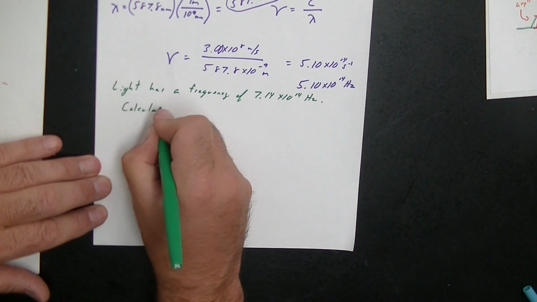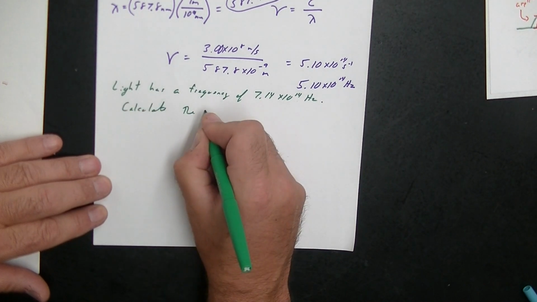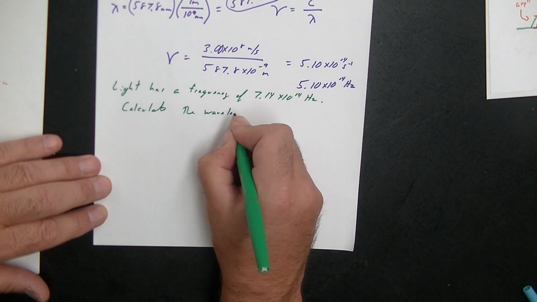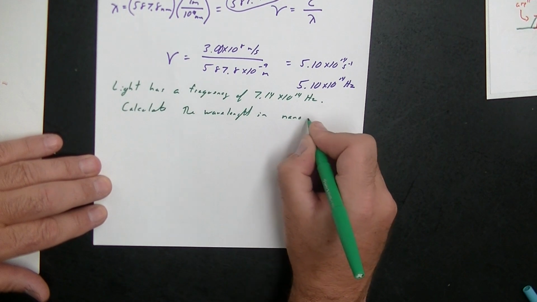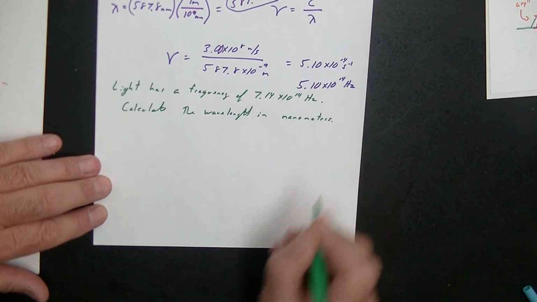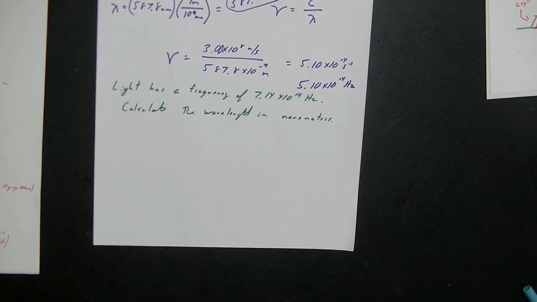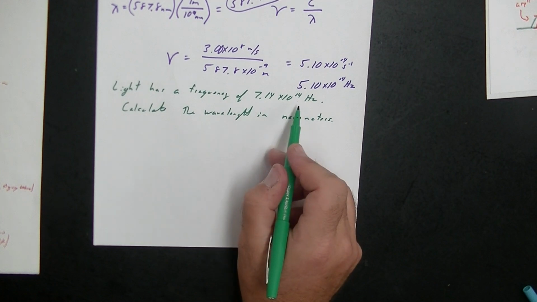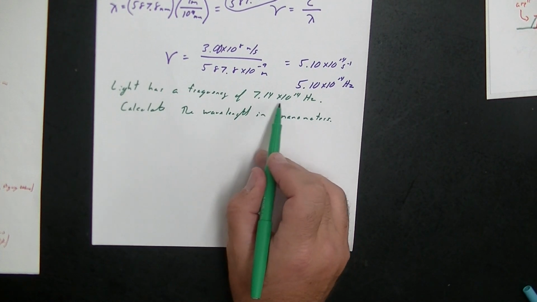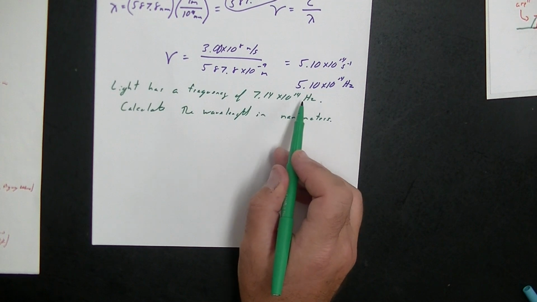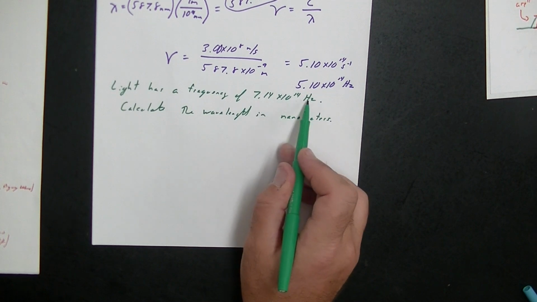Calculate the wavelength in nanometers. Okay, so here's my frequency. The light is 7.14 times 10 to the 14th hertz, or waves per second.